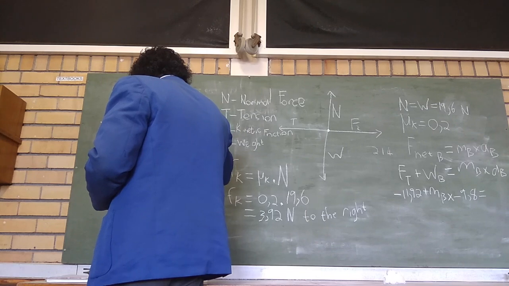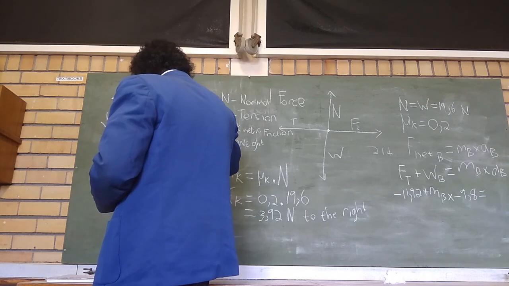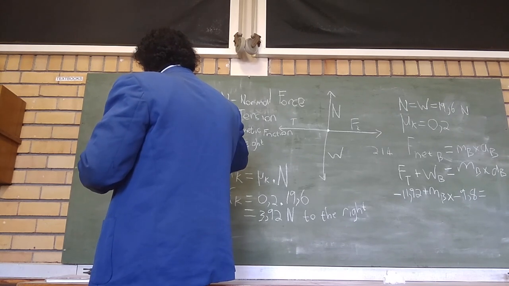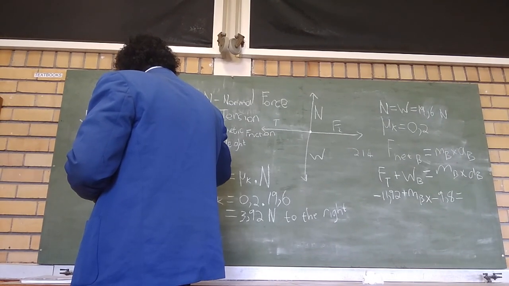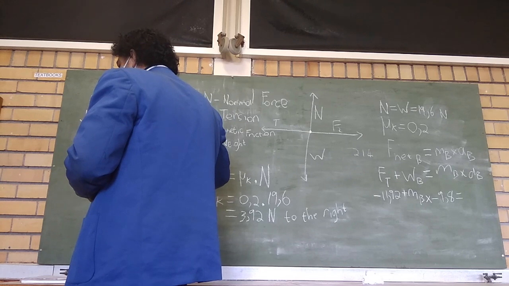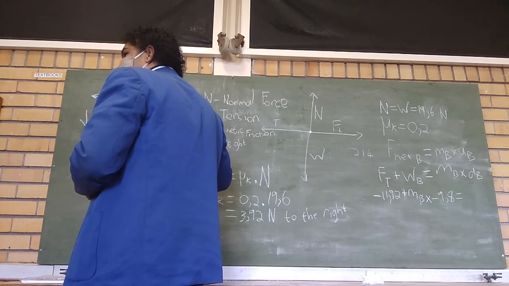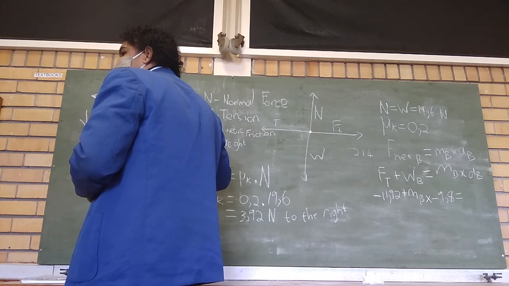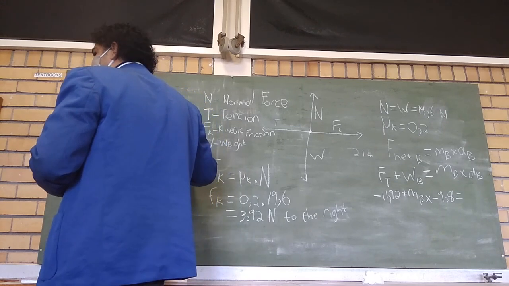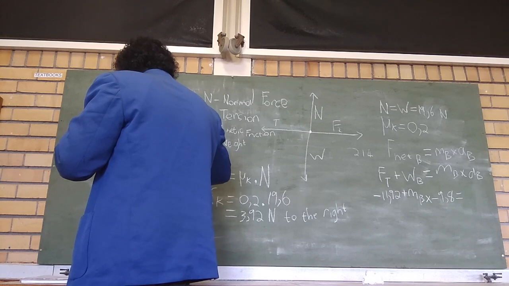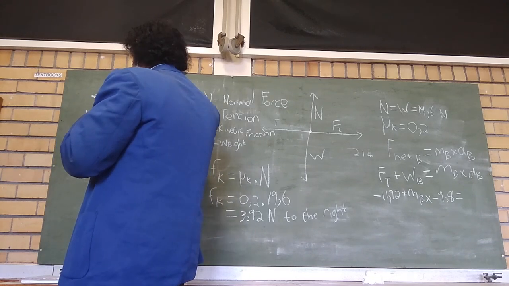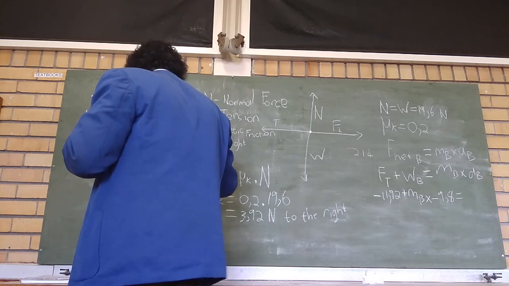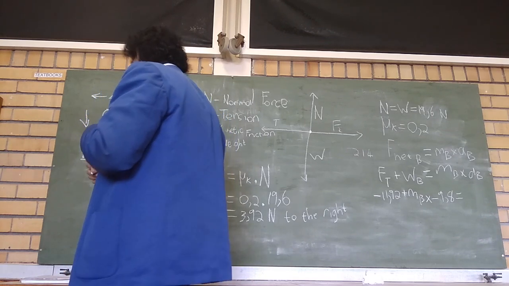Force net equals force kinetic plus tension. There are two forces acting on A. Great.